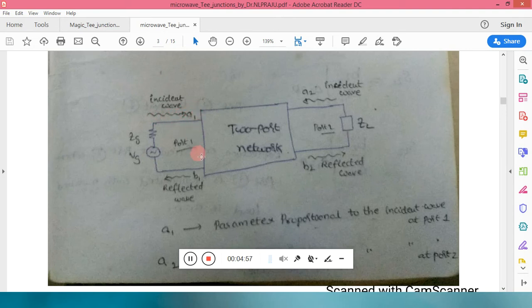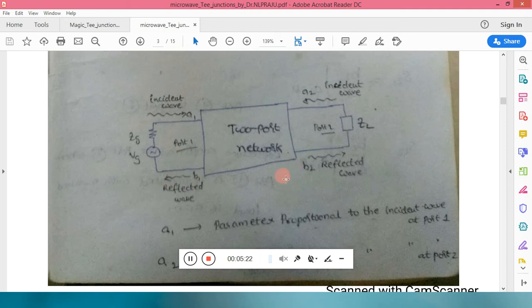Port 2 is connected with Z2. Due to the incident wave, some wave will come out on this side, represented with B2, which is called the reflected wave. Now if you apply input from this side, that is incident wave A2, and due to this the reflected wave is B1.